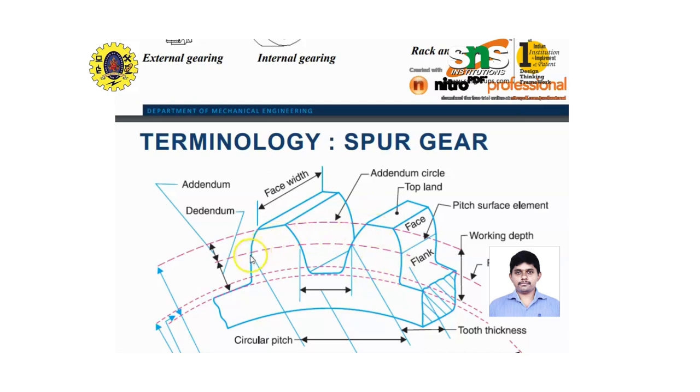Generally, in between the teeth we have a space, which is called the tooth space, and the size of the teeth can be represented as the tooth size.